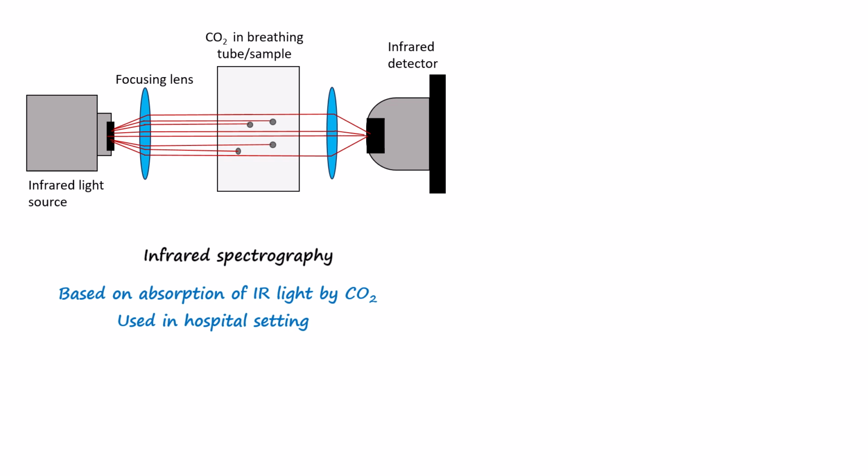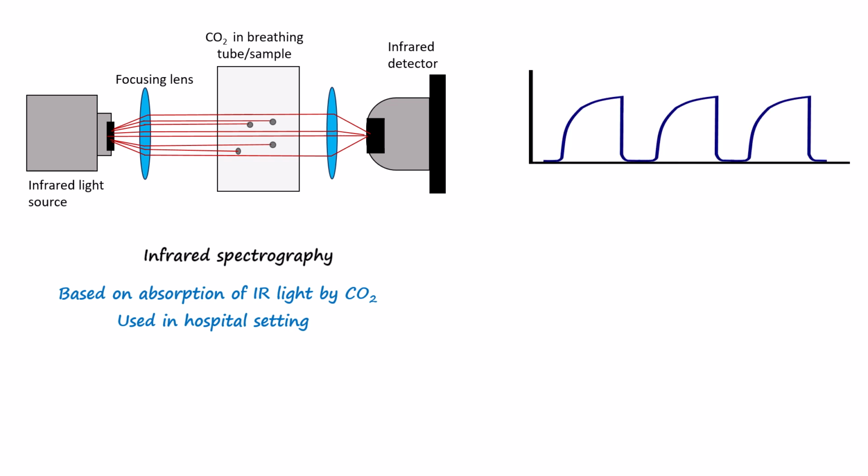The difference between the transmitted and the received light is directly proportional to the concentration of carbon dioxide, and this concentration is mathematically converted into EtCO2 displayed on the monitor. The devices which use this technology are called capnometers.